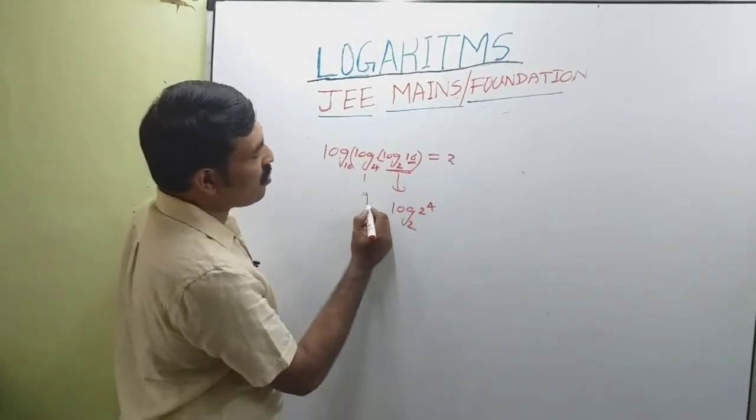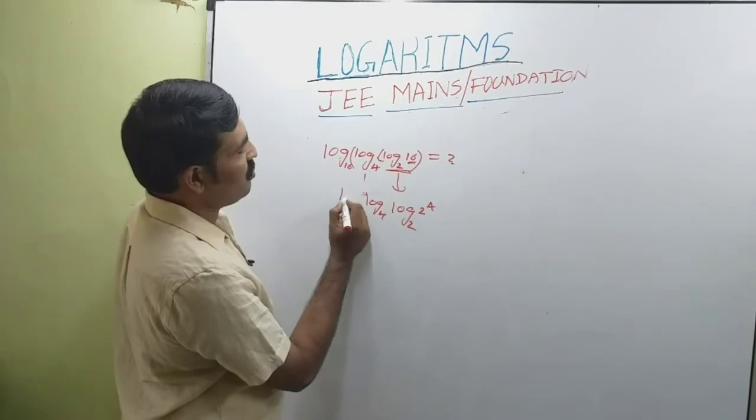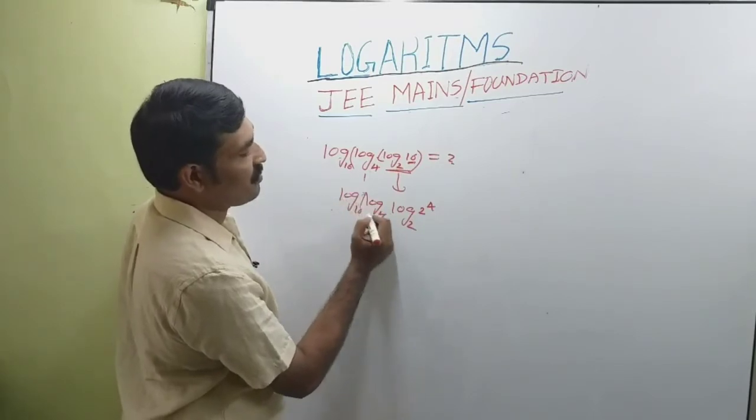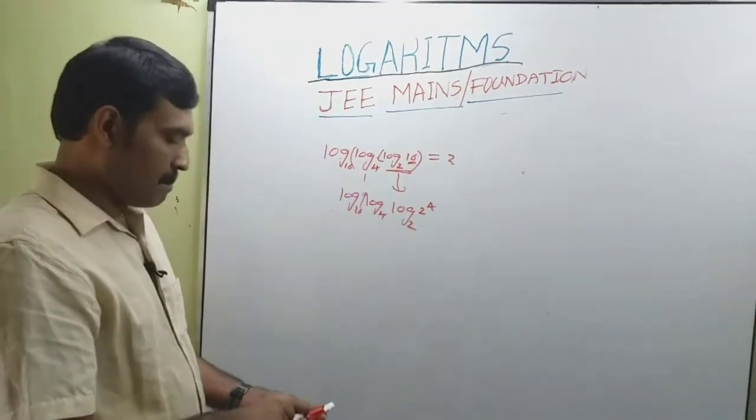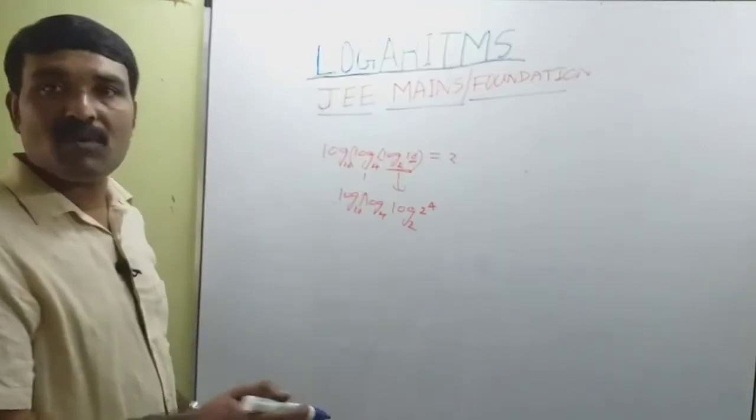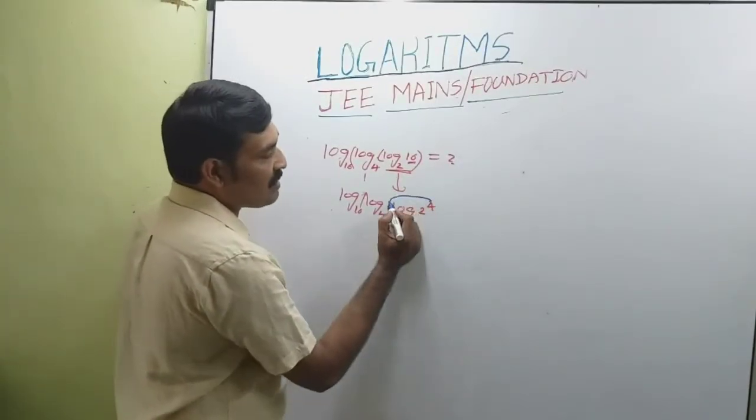Now using the property, this 4 will jump out in front.